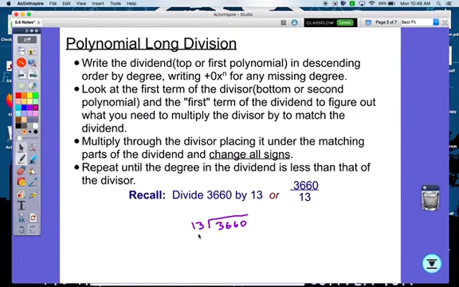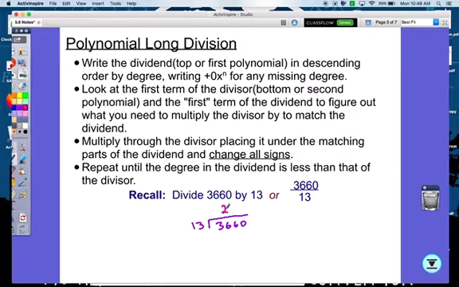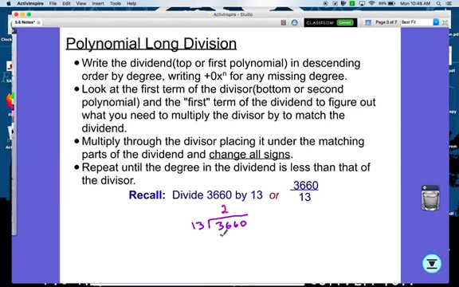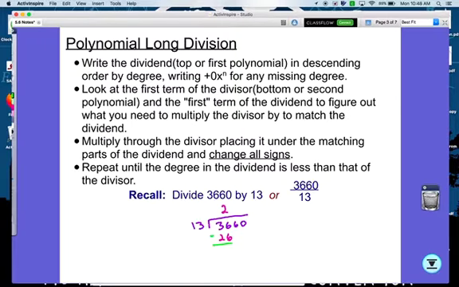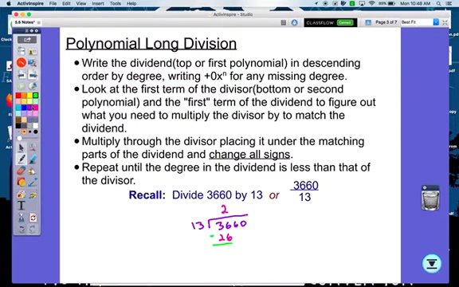I say, how many times will 13 go into 36? 3 times 13 is 39, so it'll only go in there twice. I'll say 2 times the 13, which gives me 26. I'll write that there. Then I'll subtract. So I'll say minus. And 36 minus 26 gives me 10.